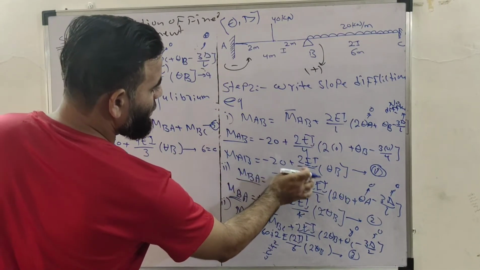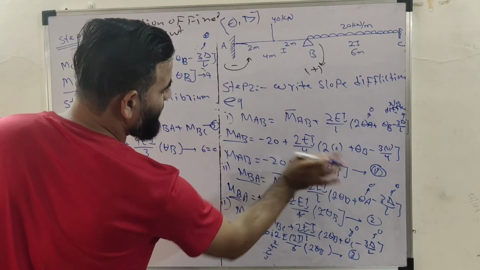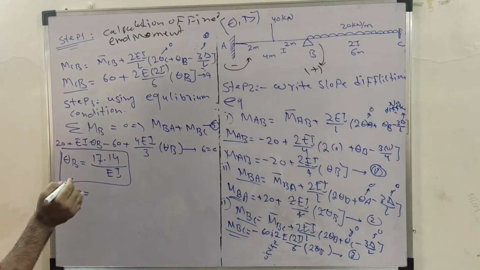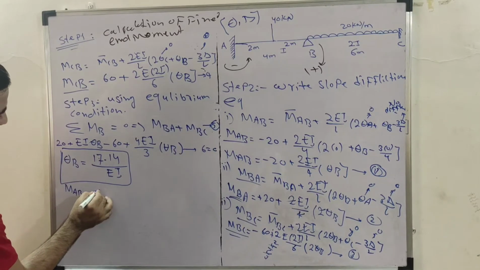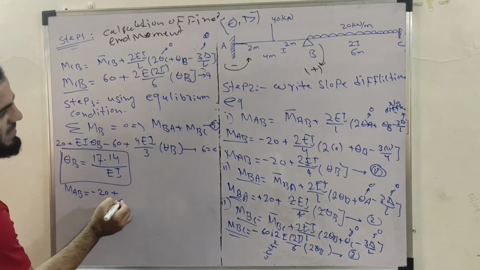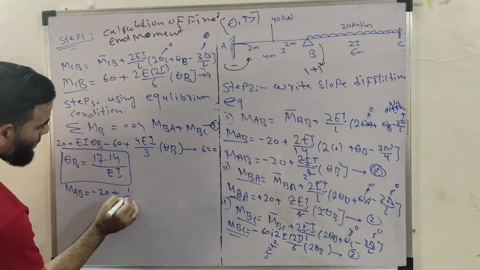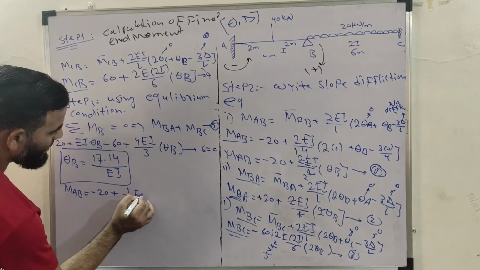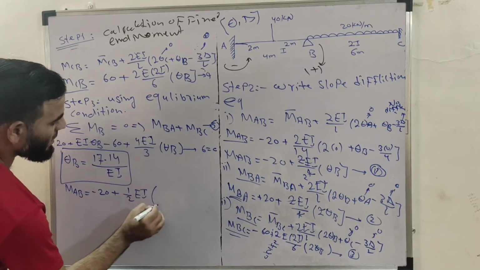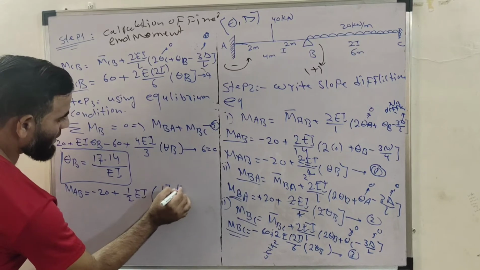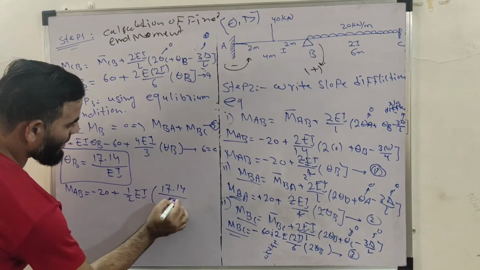Theta B we will substitute the value here, minus 20 plus, we'll cancel 1 by 2 EI. What is theta B? Theta B is 17.14 by EI.